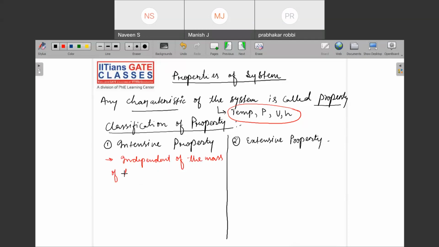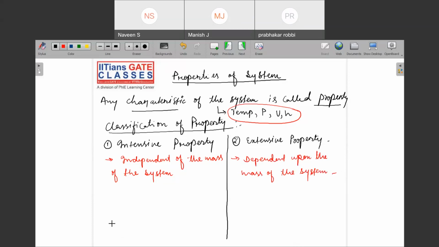Of the system under consideration. And what about extensive property? Here the properties will be dependent upon the mass. So this is an extensive property. These are dependent upon the mass of the system under consideration.